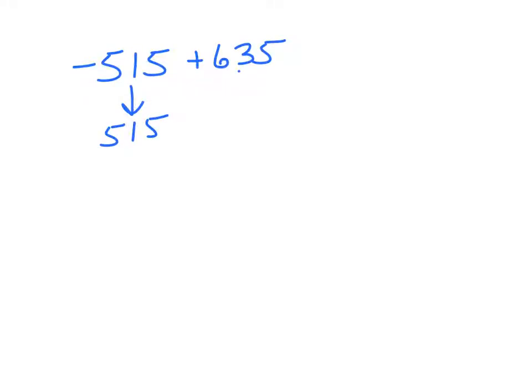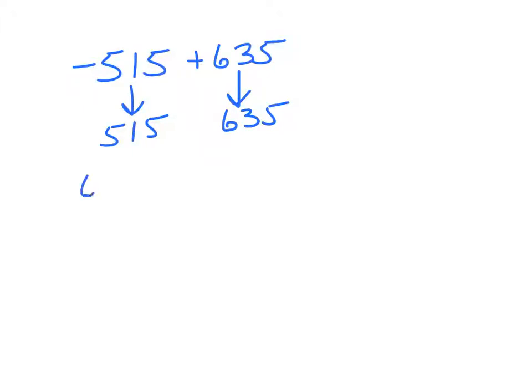So the answer to this is a positive 9. Let me do one more example, this one with some bigger numbers. If I had negative 515 plus 635, the absolute value of negative 515 is just 515. The absolute value of 635 is 635. Since the signs are different, I have to figure out the difference of these two numbers.